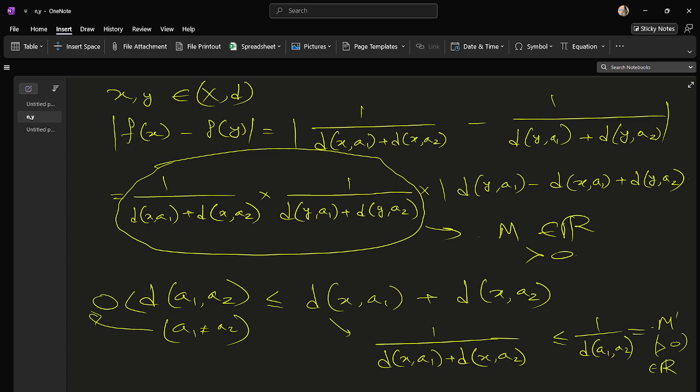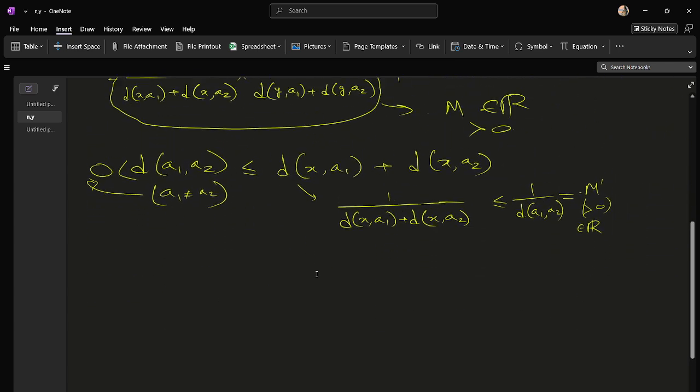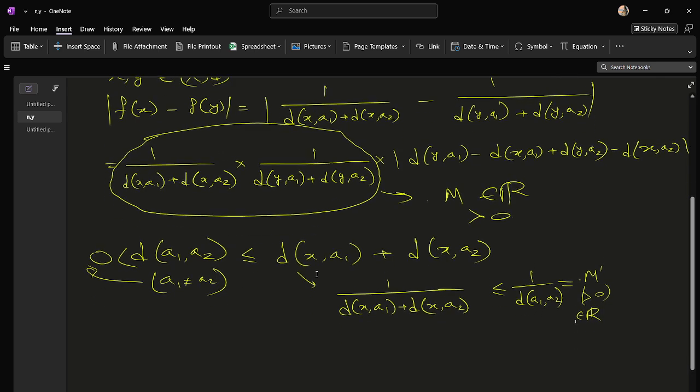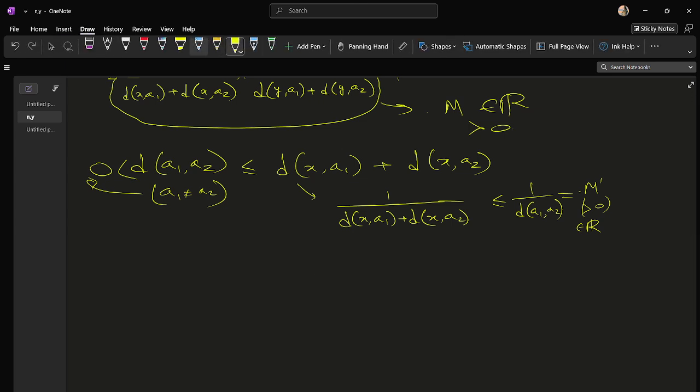So by using this in the earlier expressions, we can write that. Now I'm going to change my view so that it will be easier to see and understand the problem.